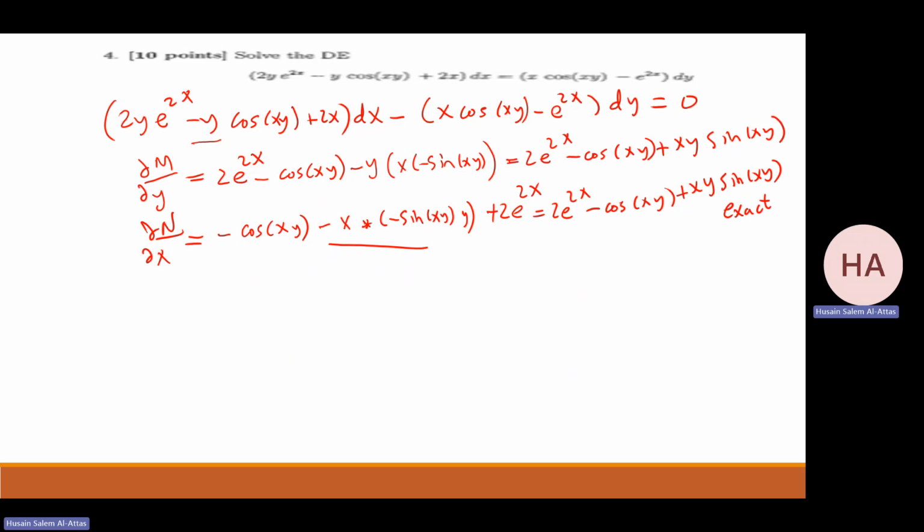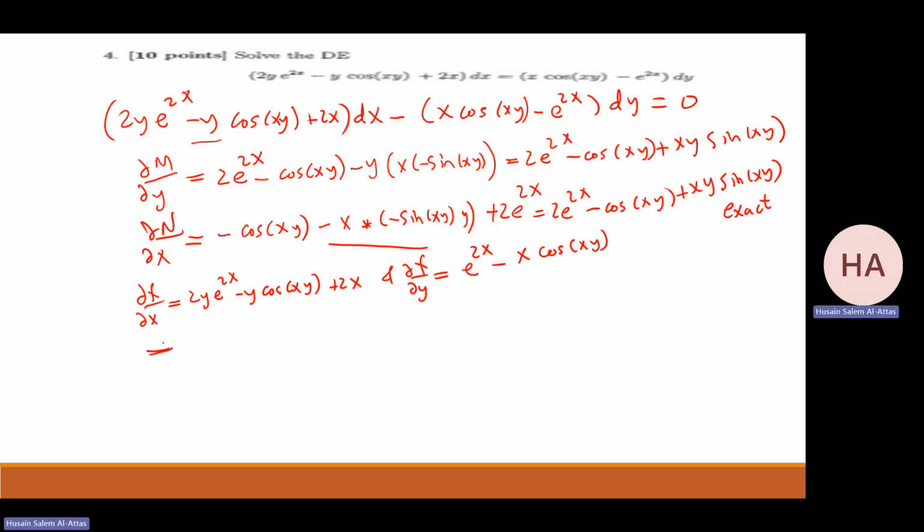How to solve it? I think I will start with this one, easier. Partial f with respect to x will be this long one, 2y e to x minus y cosine xy plus 2x, and partial f with respect to y will be e to x minus x cosine xy.